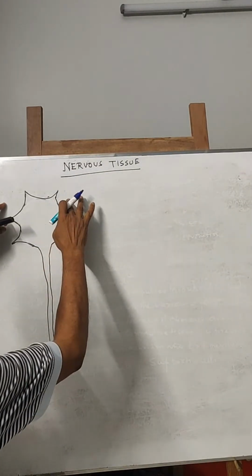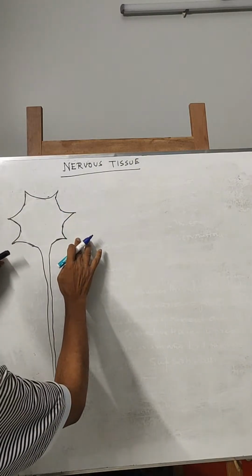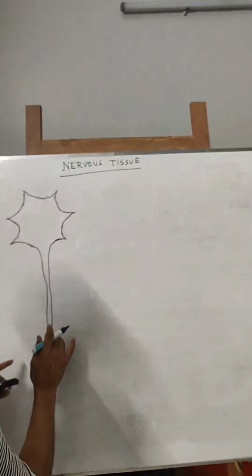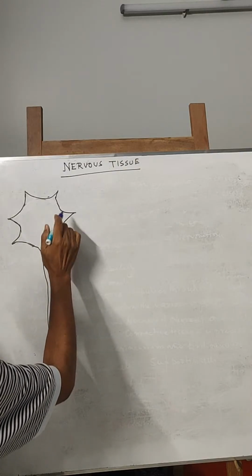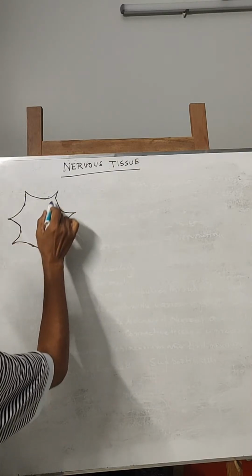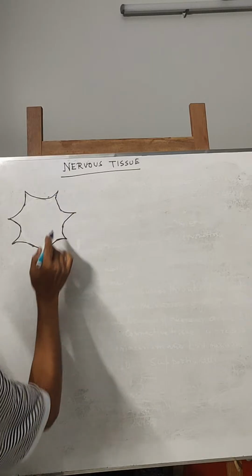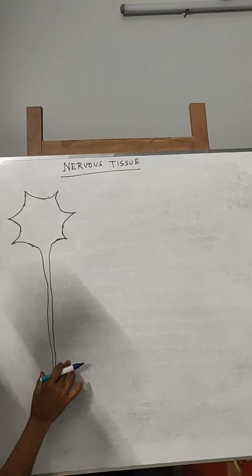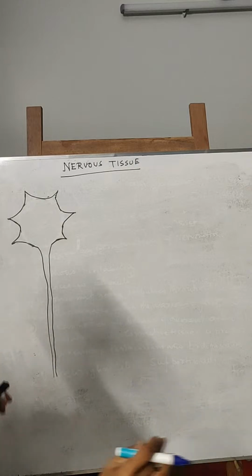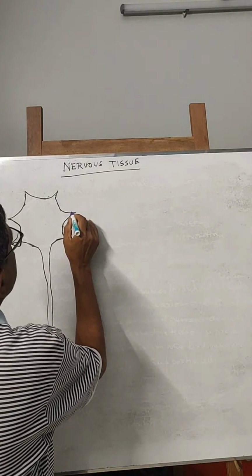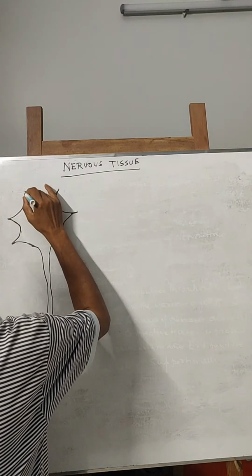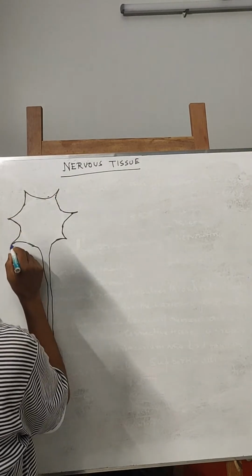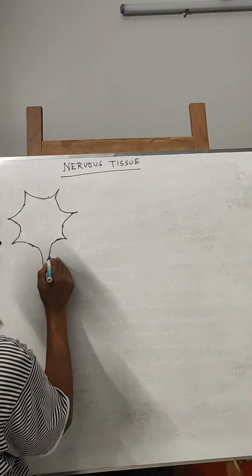This is the main part, the cell body. From the cell body arise various processes: this is the short process, and this is the longest process.